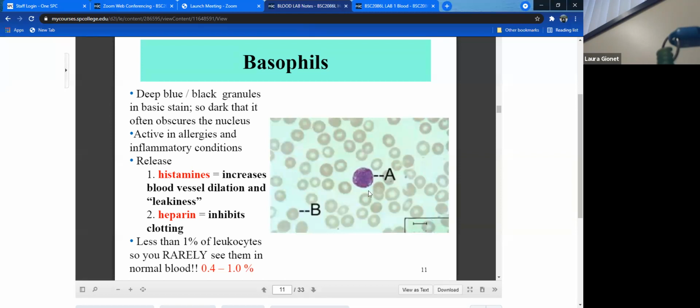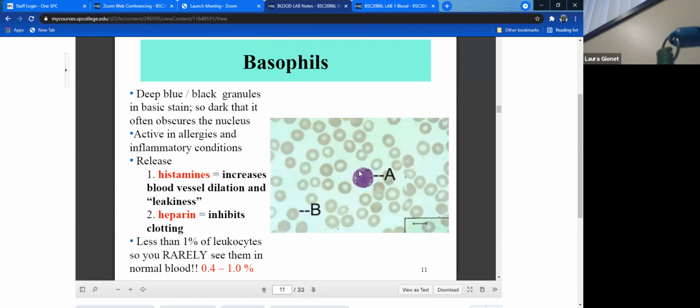But occasionally you'll see a slide, and if you see a cell like this, which is A, it's very, very difficult to see a nucleus. All you see is a lot of purple. But upon really looking at that, you go, those are actually purple little granules in there. That's a basophil. A lymphocyte will have a solid dark purple nucleus, but often has a halo of clear, kind of light lavender cytoplasm, either off to one side, or completely around the nucleus.